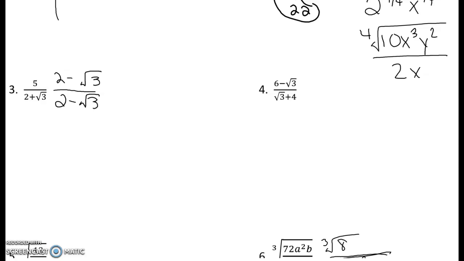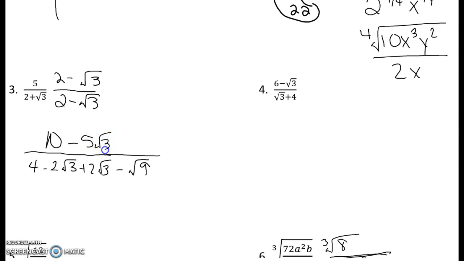So with that, I'm going to take 2 times 2, which is going to be 4, 2 times the negative root 3, which is 2 negative root 3, root 3 times 2 is plus 2 root 3, and then a positive times a negative is going to be square root of 9. Okay, and on the top, 5 times 2 is 10, 5 times negative root 3 is a negative 5 root 3.